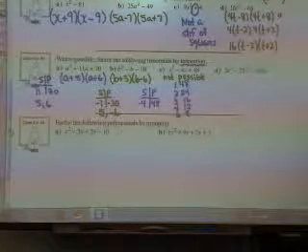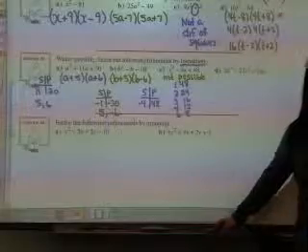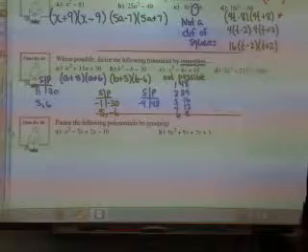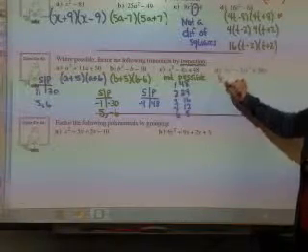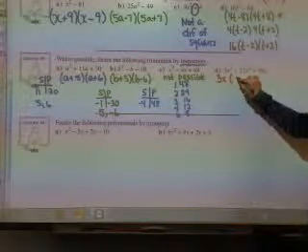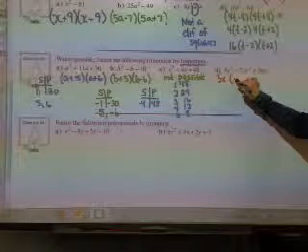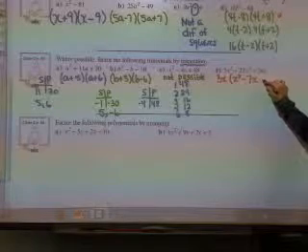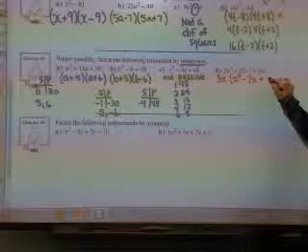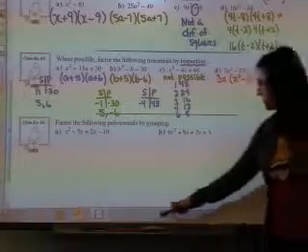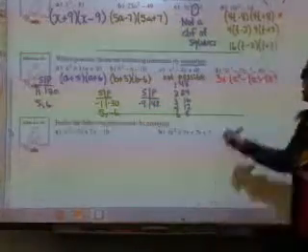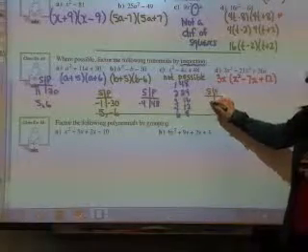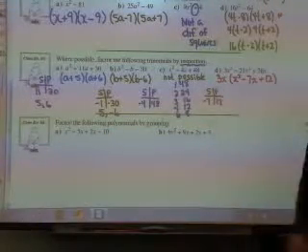Okay, what can I do for D? Take the 3x out first. And then what am I left with? Plus what? So then my sum and product chart would be two numbers that add to -7 and multiply out to 12.